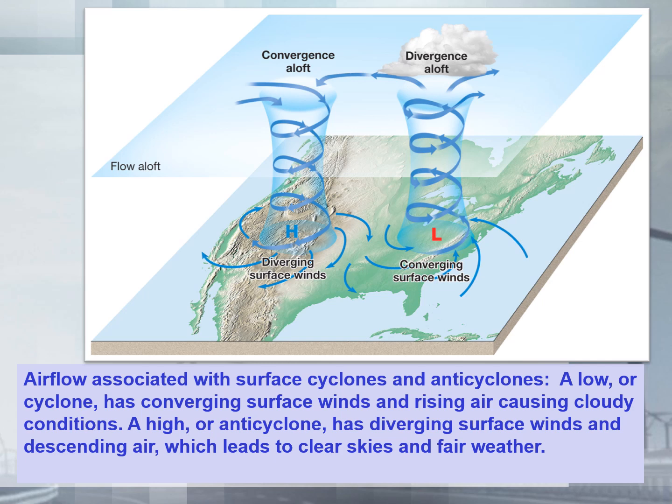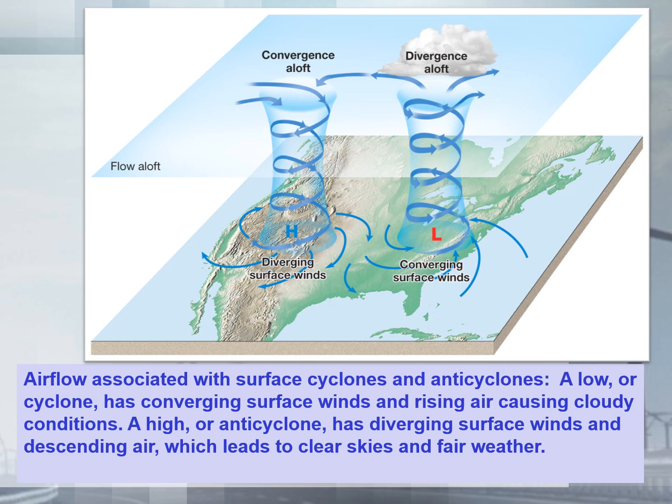So if we have diverging winds at the surface with our anticyclone, then at a higher level up, we're going to have convergence. And you see that in the drawing. That convergence aloft helps to keep the high pressure system going so it doesn't just eradicate itself.